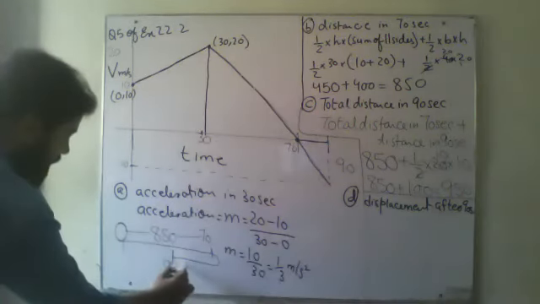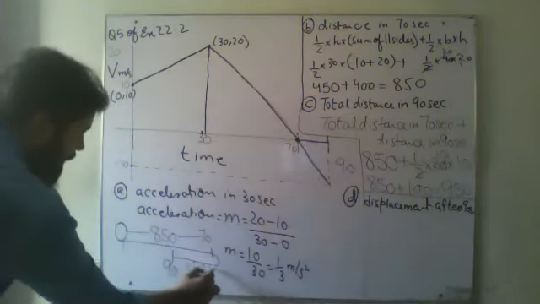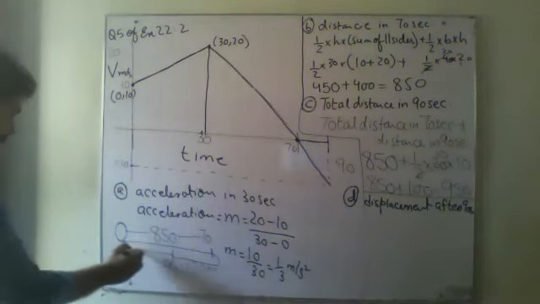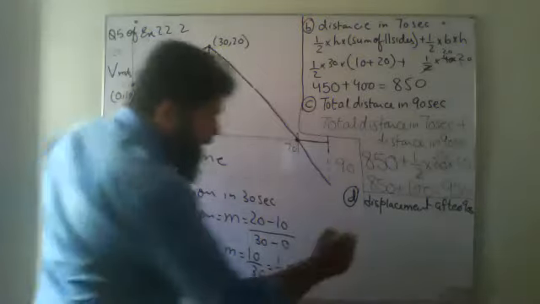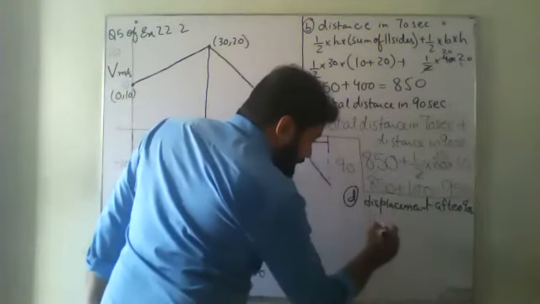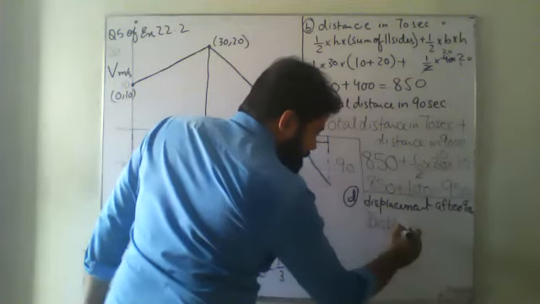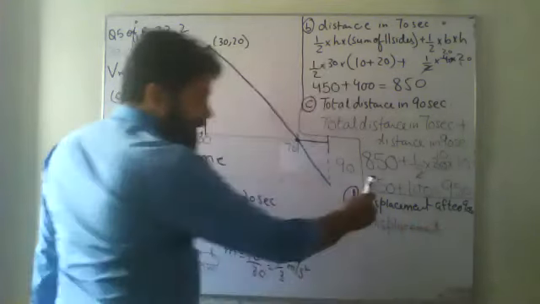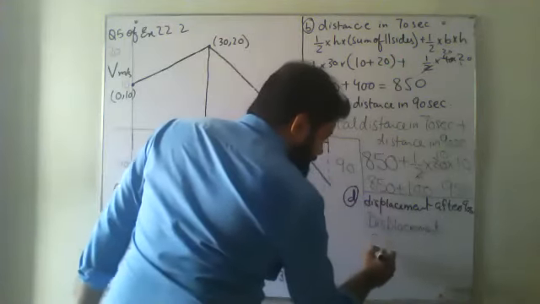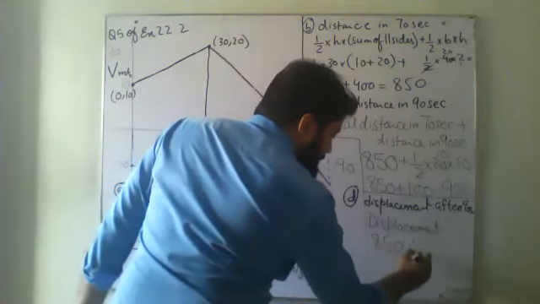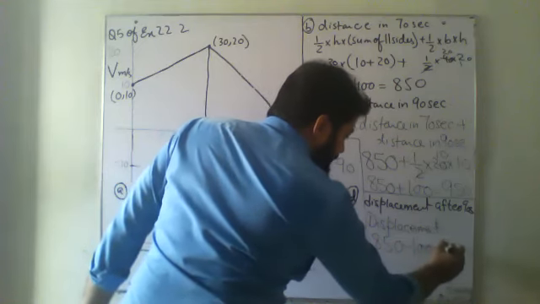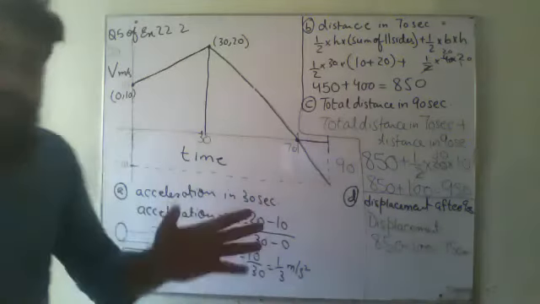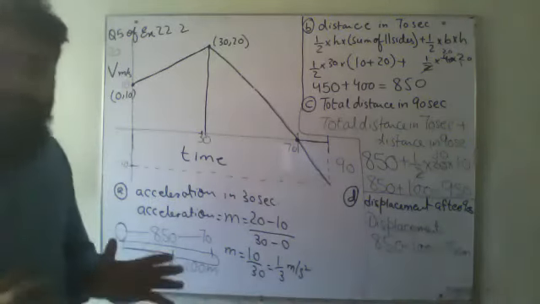Now I have covered 100 meter over here. So how far am I from the starting point? That will be the displacement, and it will be 850 minus 100. So my final answer will be 750 meter. That is your displacement, beta.